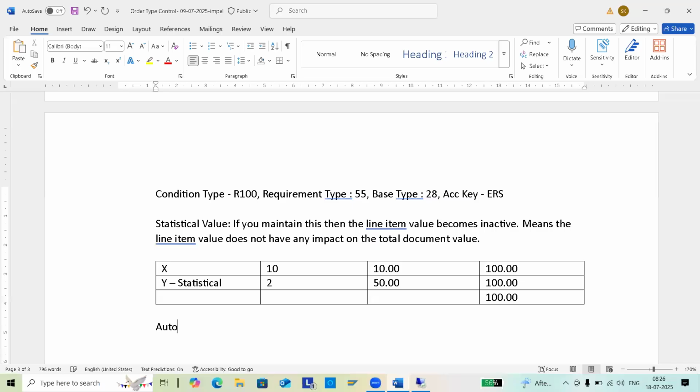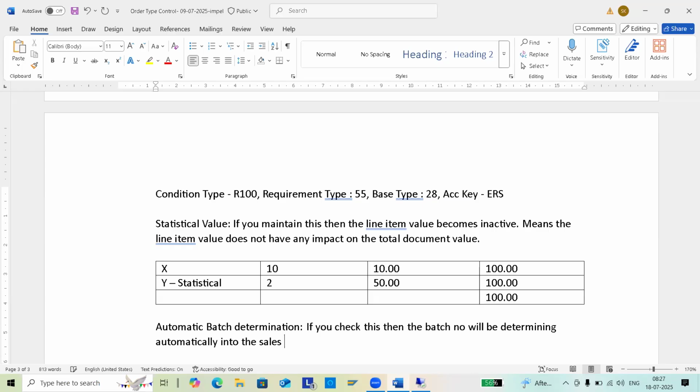If you check this, then the batch number will be determined automatically in the sales document.